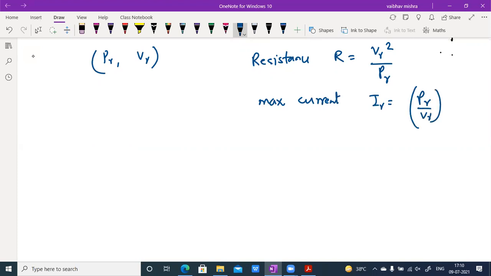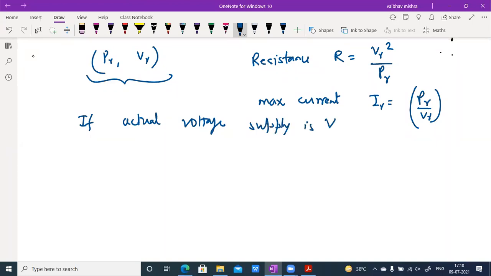So अगर सपोज हमने किसी भी प्लान्स को जिसकी रेटेड पावर ये है, if it is connected, if the actual voltage supply is V volt, तो पावर कितना डेवलप होगा V स्क्वायर बाई R और R की वैल्यू है VR square by PR.